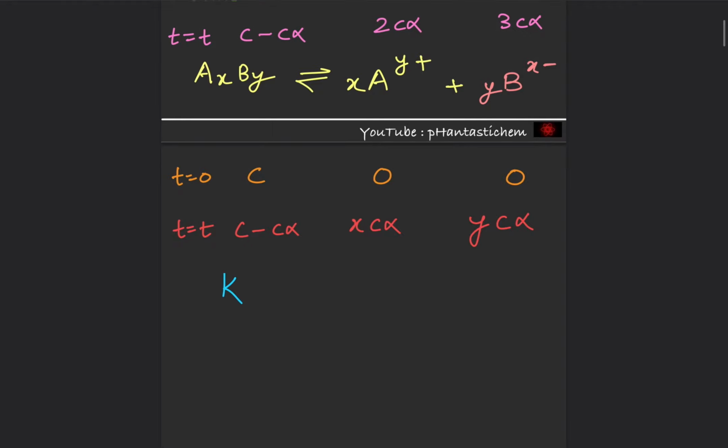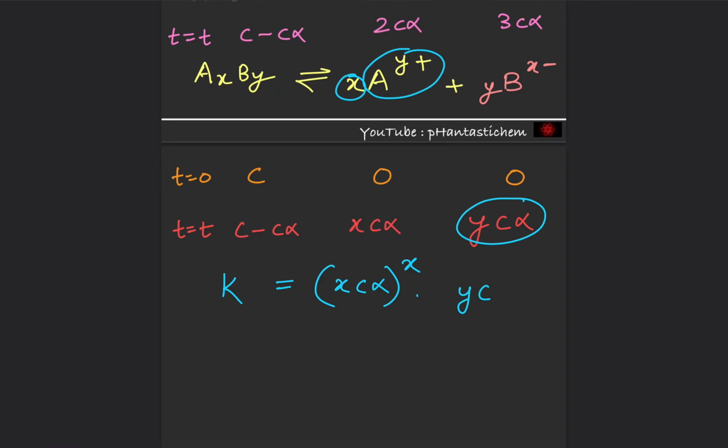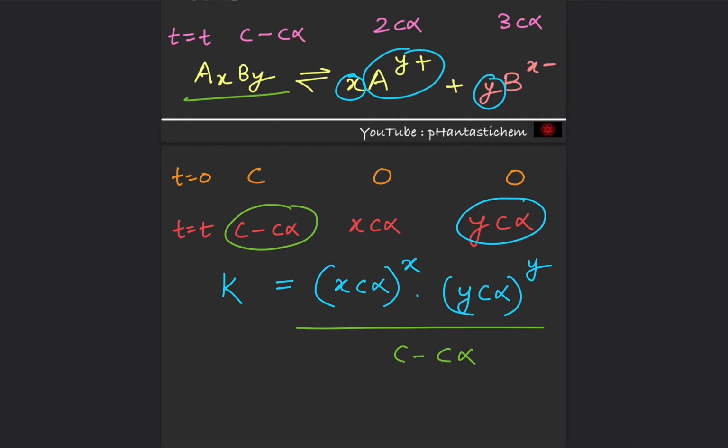So therefore K will be equal to the concentration of Ay+, which is x C alpha, raised to the power of its stoichiometric coefficient x, into the concentration of Bx-, which is y C alpha, raised to the power of its stoichiometric coefficient y, divided by the concentration of AxBy, which is C minus C alpha, to the power 1, because the stoichiometric coefficient is 1.